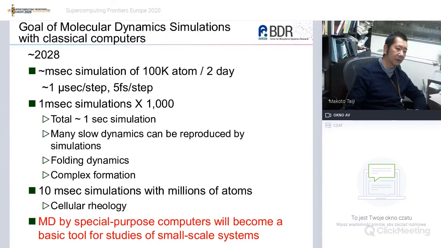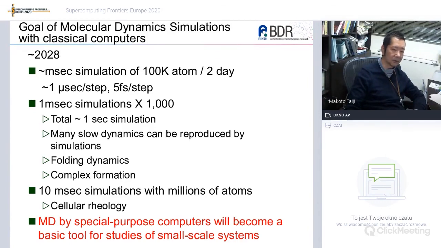This kind of simulation can be achieved by small computers. So we can do 1 millisecond simulation times 1,000. In total, we can run 1 second scale simulations. Then we can reproduce many slow dynamics of proteins, including folding dynamics or complex formation.